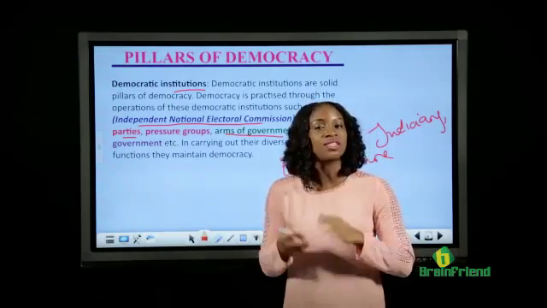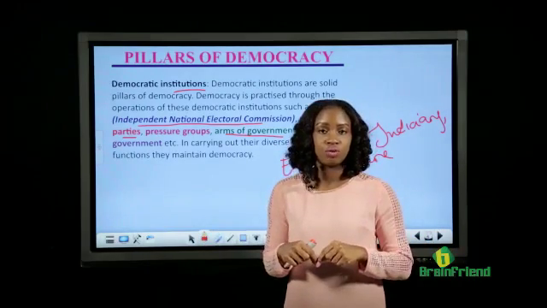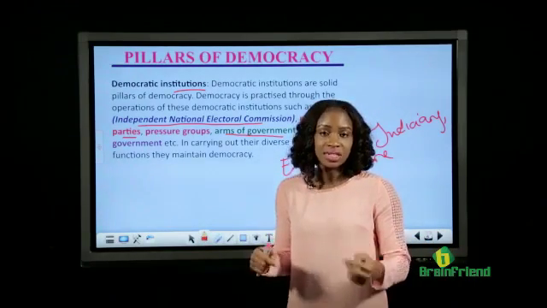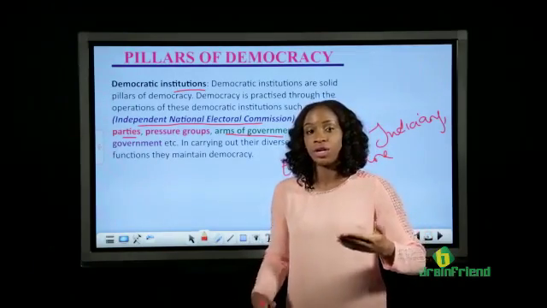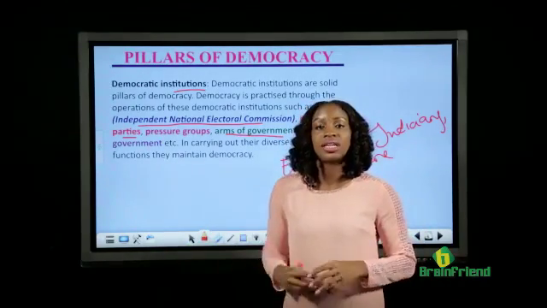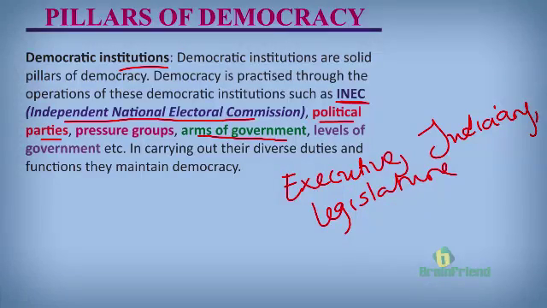But when we have state government and local government, all the different parts of the country are reached. Starting from the local government that takes care of the local affairs, to the state government taking care of the state, and the federal government that now looks after the country as a whole. Now, these different institutions help in keeping democracy going in a country. In carrying out their diverse duties, they are able to maintain democracy.